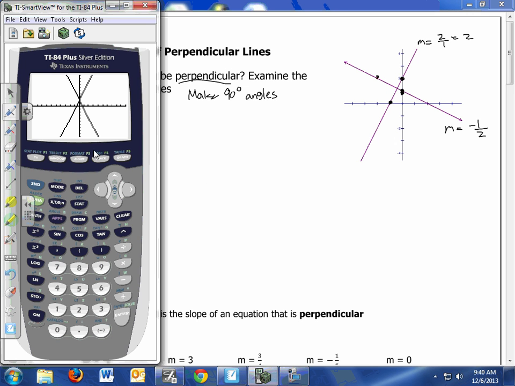So let's go back to my equation, y equals 3x plus 2. What do you think this has to be for this equation to be perpendicular with this one? What do you think, Ms. Cordova? Well, let's see, 1/3, second insert, 1, change that minus into a divide.